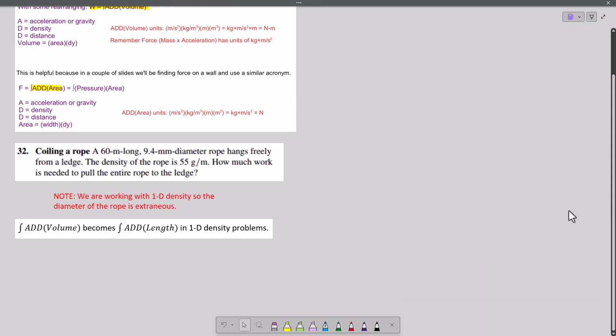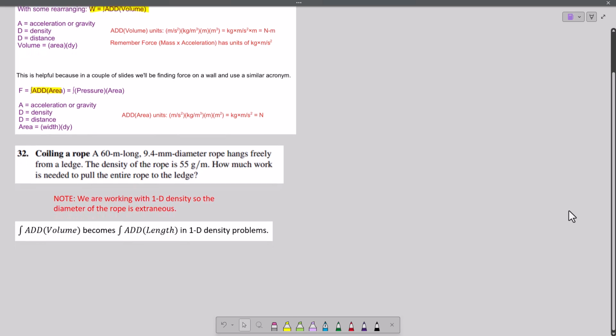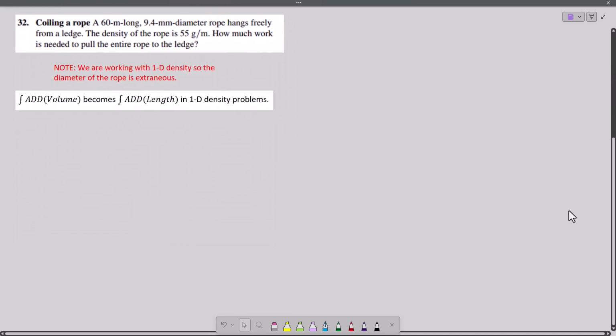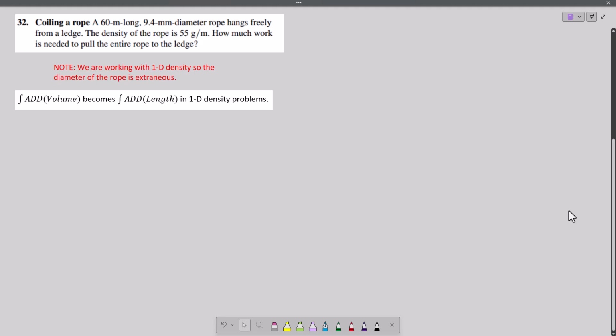So we know our ADD volume thing, and when we are dealing with a one-dimensional density problem, instead of dealing with volume, we deal with length. So our clever little acronym, if we ditch 2 dimensions of length, is going to become ADD length instead of ADD volume. We get rid of 2 dimensions and go from volume down to length.